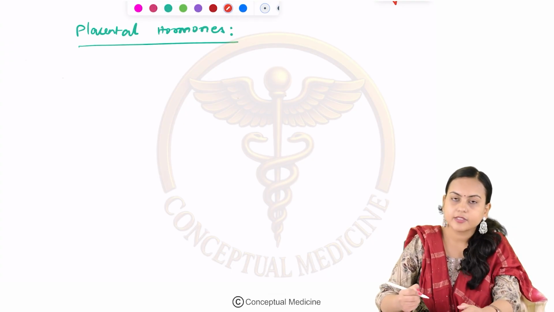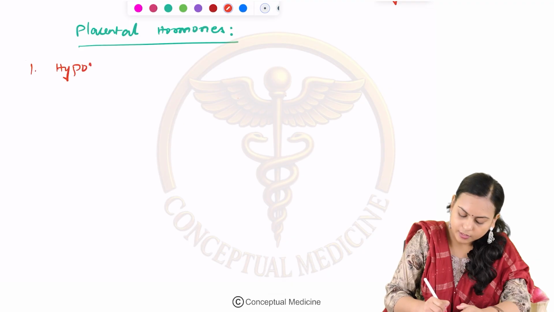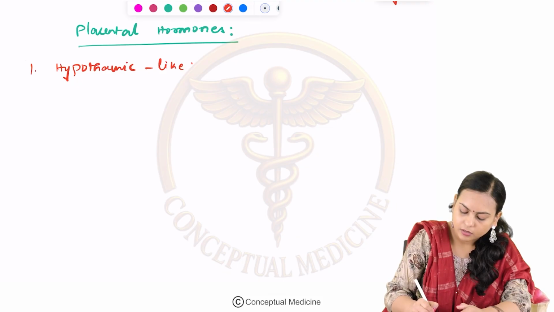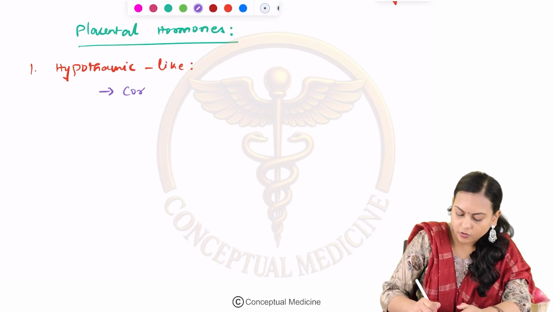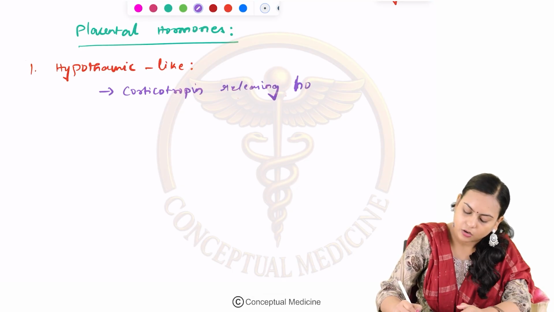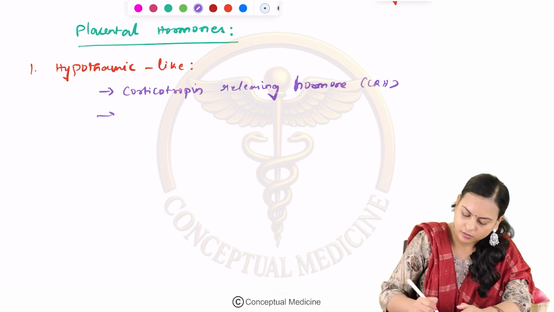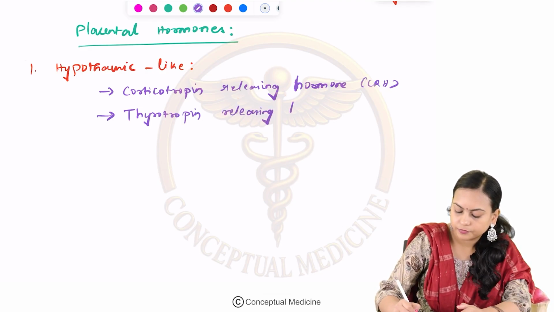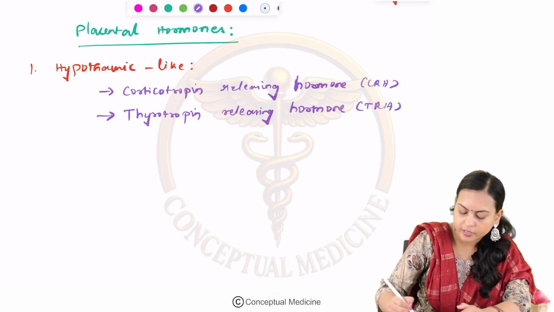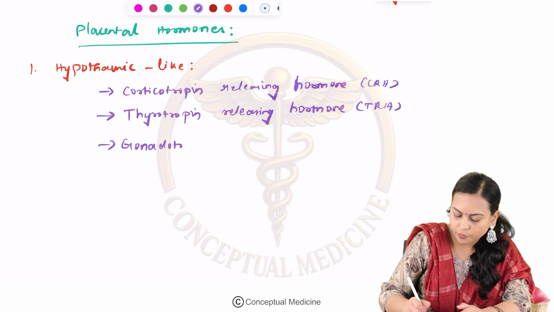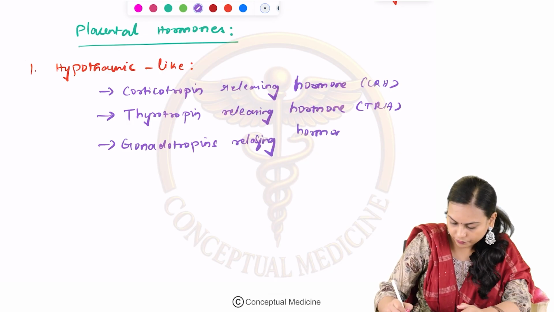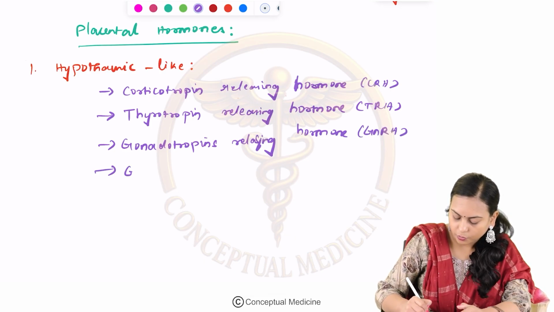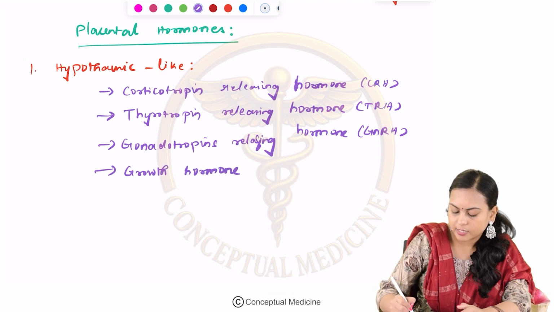The various hormones include hypothalamic like hormones: corticotropin releasing hormone, thyrotropin releasing hormone, which is TRH, then gonadotropin releasing hormone, and growth hormone releasing hormone.